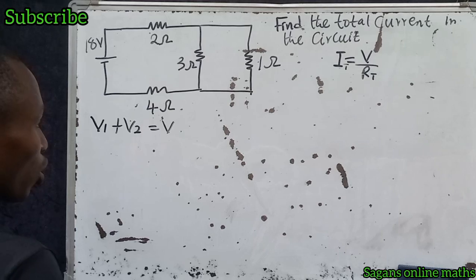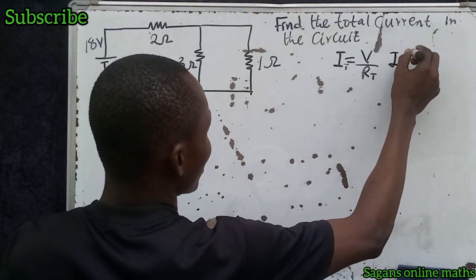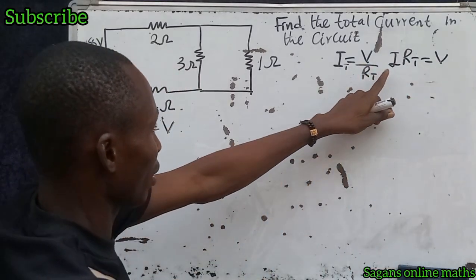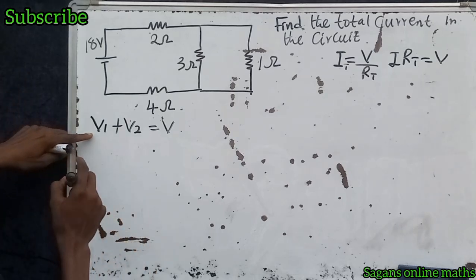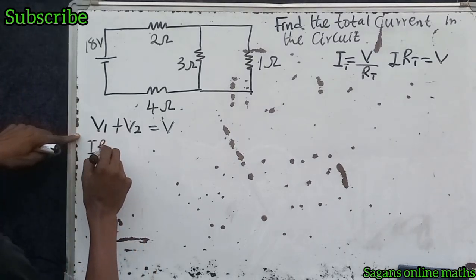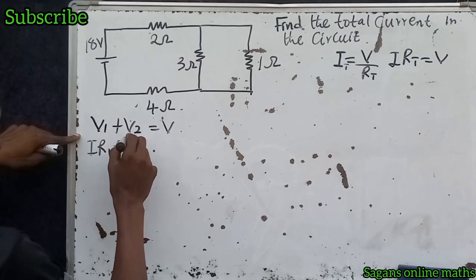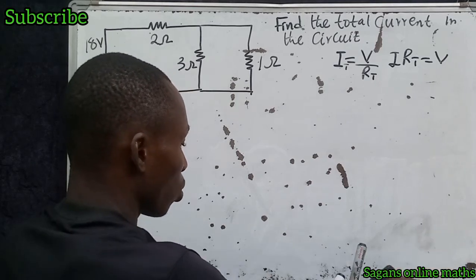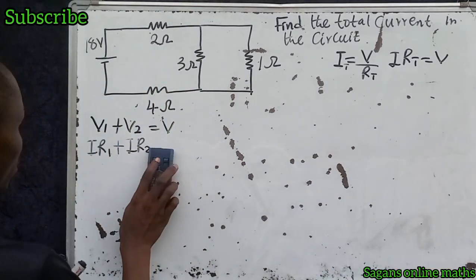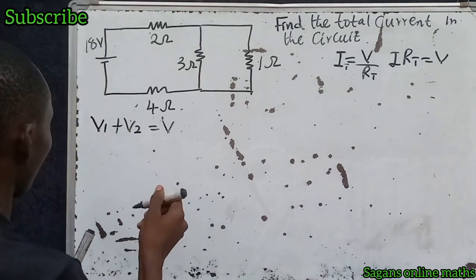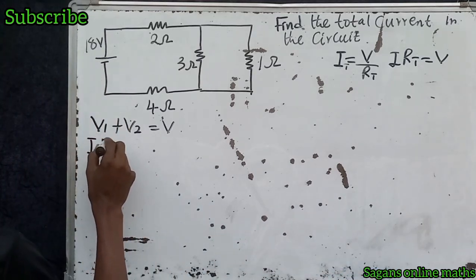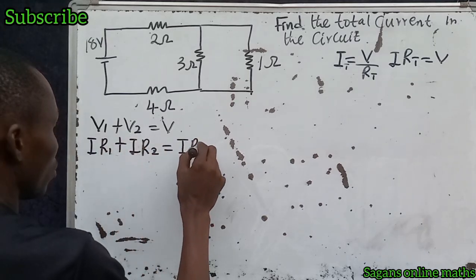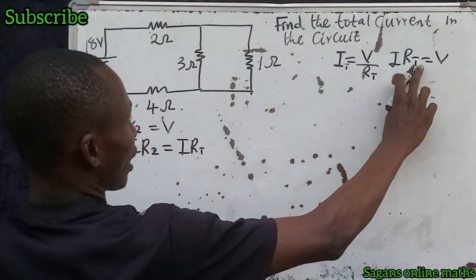Now, by making V the subject of the formula by cross multiplying, it means that I multiplied by total resistance is equal to V. Look at IR is equal to V. So here we have IR1 plus IR2, which is equal to IR, because V here is considered as IR.